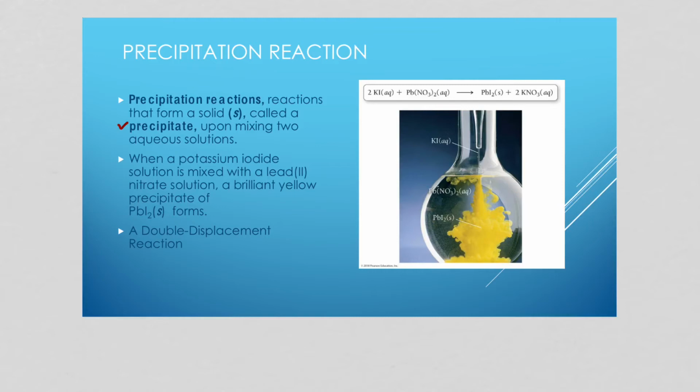So a specific example here is we have potassium iodide and lead nitrate interacting to form lead iodide and potassium nitrate. Now, the important thing to point out here is the lead iodide.